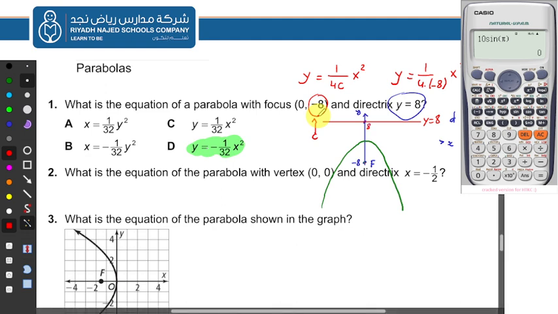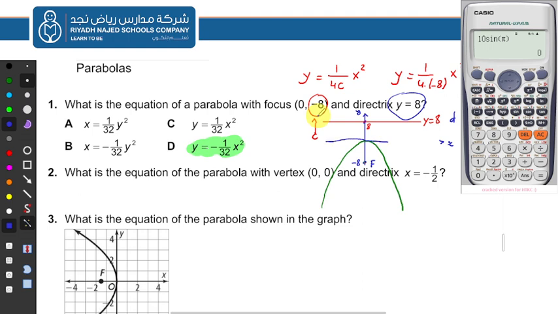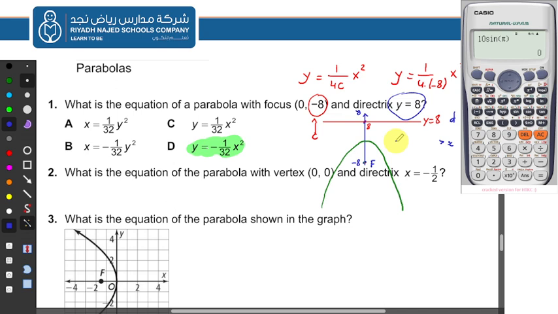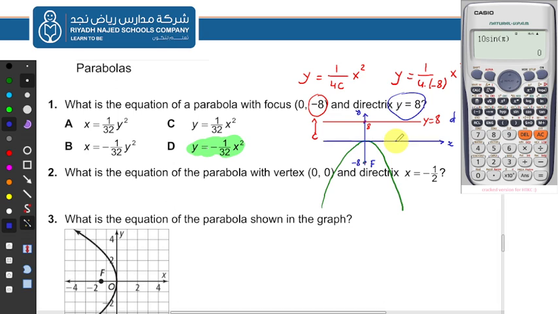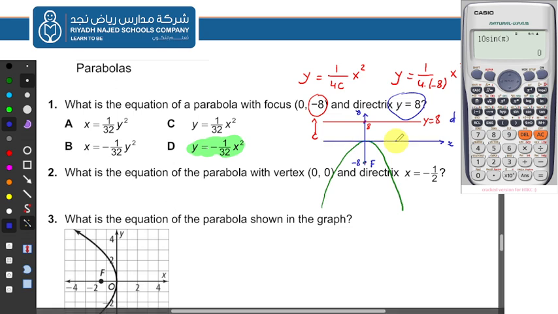This is 8, and this is the x coordinate. The x-axis and the y-axis, and the vertex is at (0, 0). For all of these exercises, we will use parabolas where the vertex is at the origin.